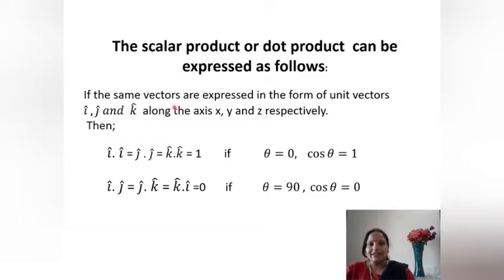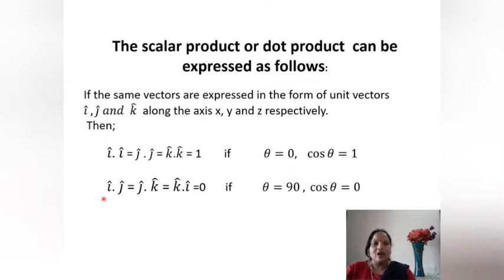If the same vectors are expressed in the form of unit vectors, i cap, j cap and k cap are the unit vectors acting along the x-axis, y-axis and z-axis respectively. Then we can write i cap dot i cap equal to j cap dot j cap equal to k cap dot k cap is equal to 1, because theta is equal to 0 degrees, and cos 0 is 1.